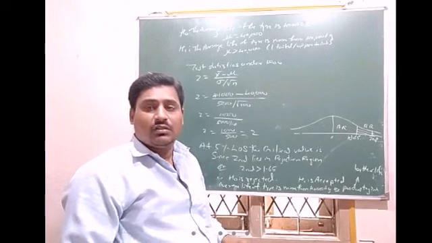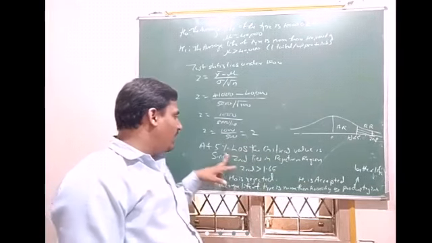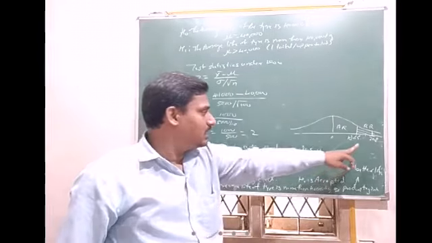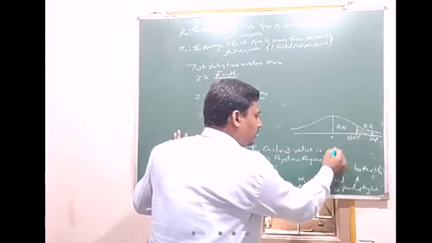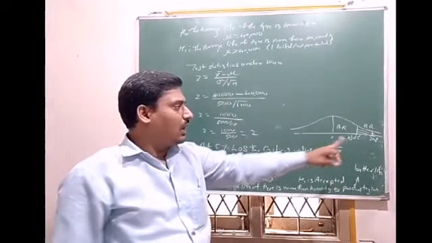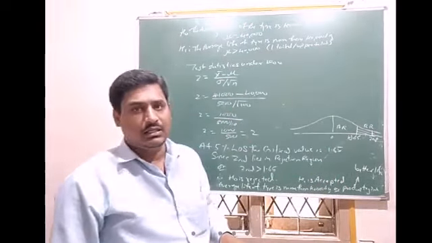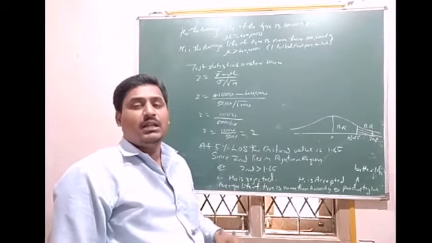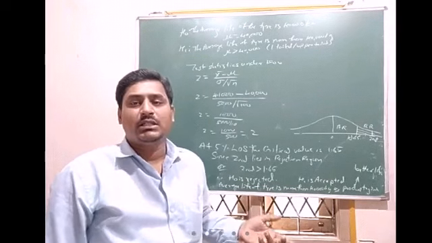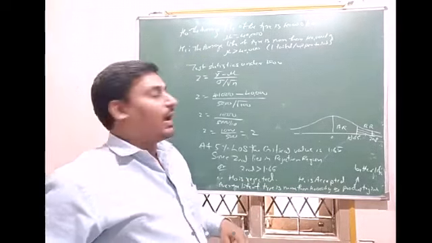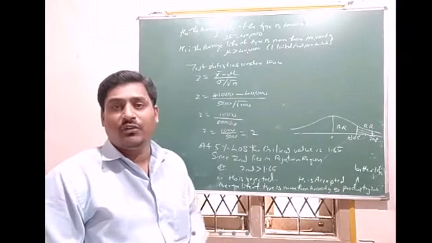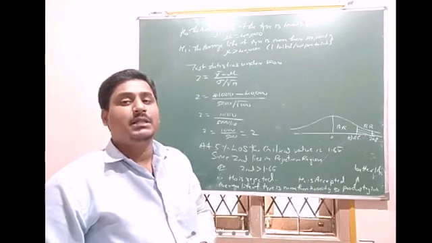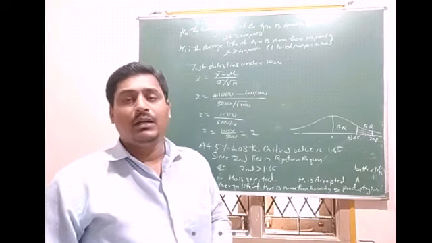So our Z calculation answer is 2, and the critical value at 5% level of significance for a one-tailed, upper tail test is 1.65. So our answer lies in the critical region. Therefore, Z calculation is greater than 1.65. H naught is rejected. It means H1 is accepted. And H1 is the average life of tire is more than 40,000 kilometers. It means the tires give better result.